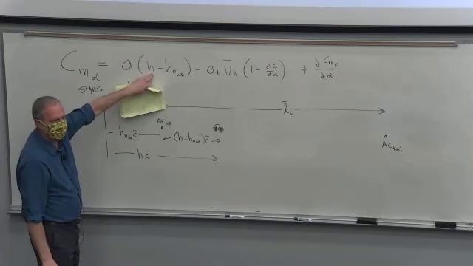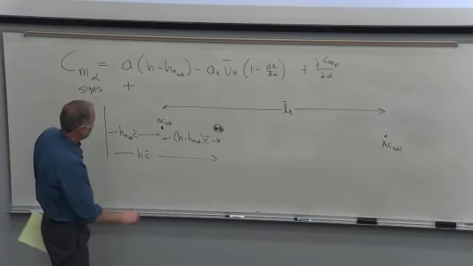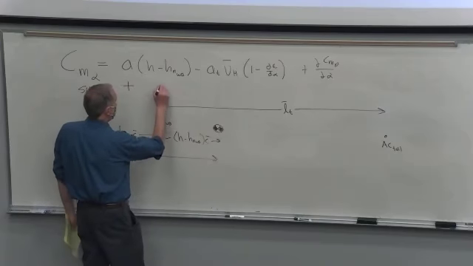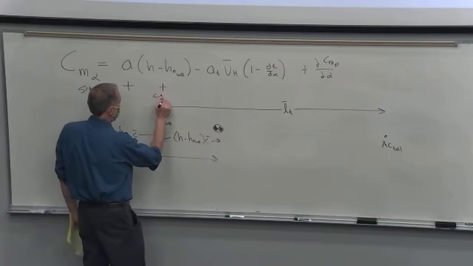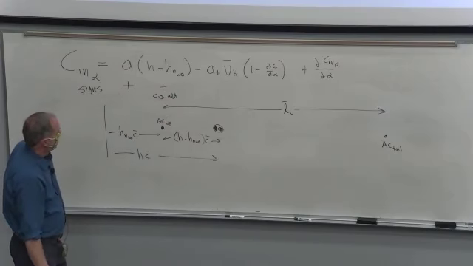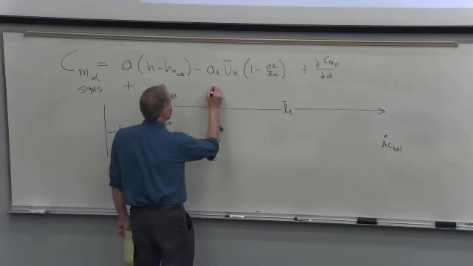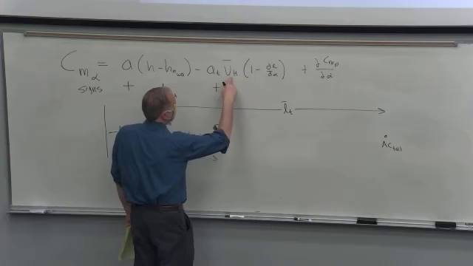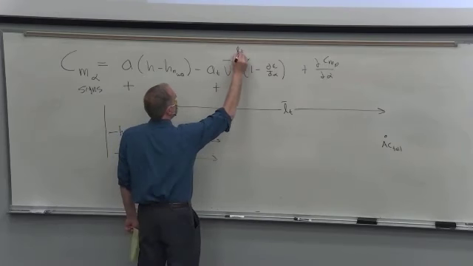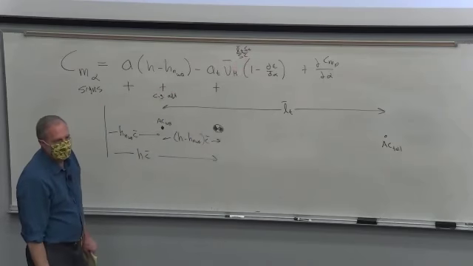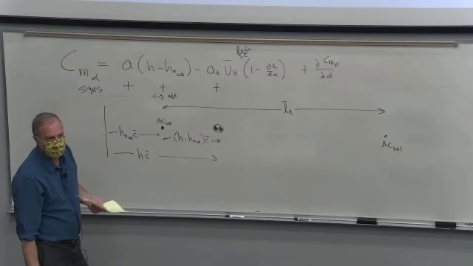Positive or negative? The way we've drawn it with the CG aft of the wing, this is positive. How about this? This is lift curve slope, so that's positive. VH bar is LT bar ST over SC bar, so everything's positive in there. And LT is positive as drawn.